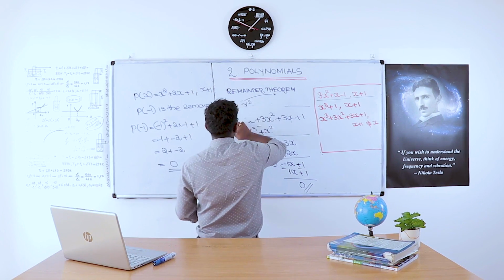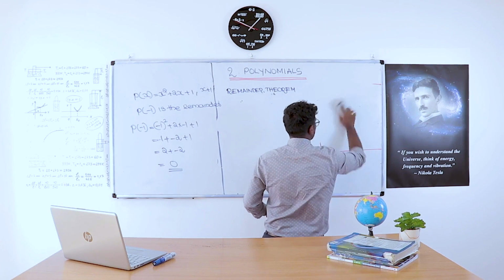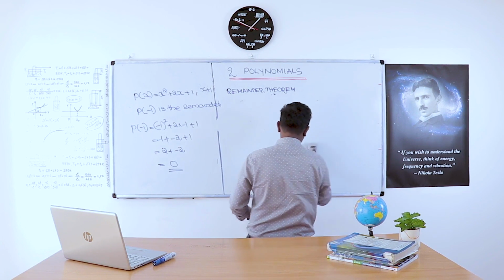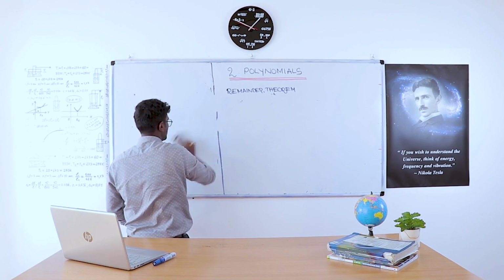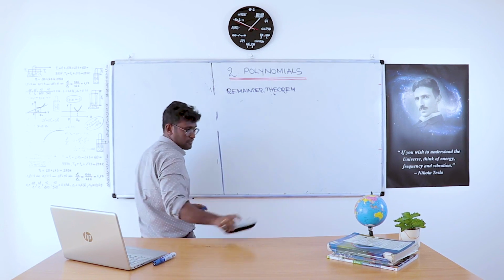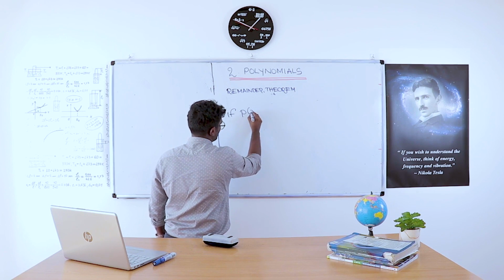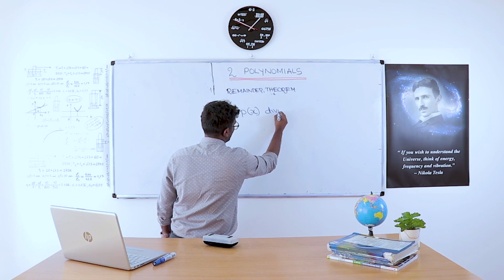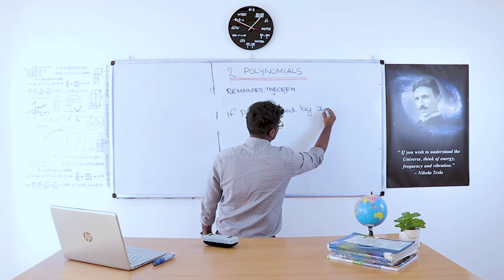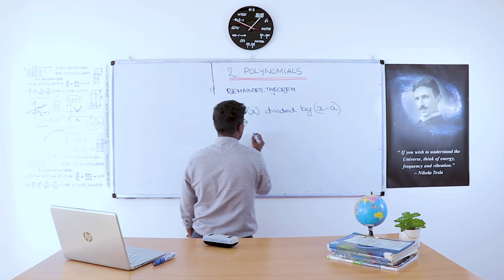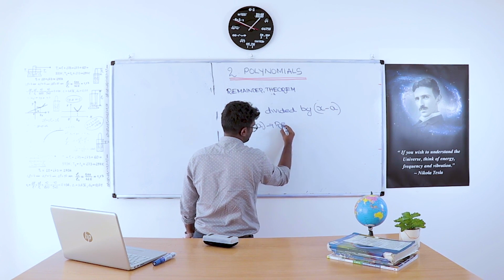In general, we can give the explanation for the remainder theorem as: if p of x is divided by x minus a, then p of a is the remainder.